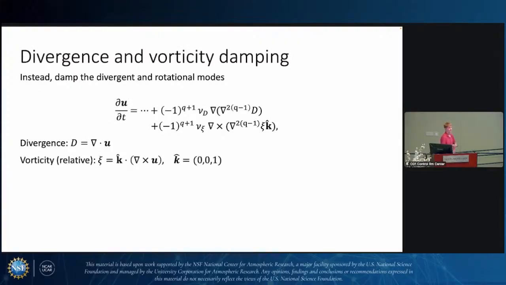Conversely, if you look at divergence and vorticity damping, you instead apply this directly to D, your divergence, or your horizontal vorticity. And doing this means that you directly damp the divergent and vorticity modes. And a key benefit of doing it this way is you can specifically damp either the rotation or the divergence in your model.